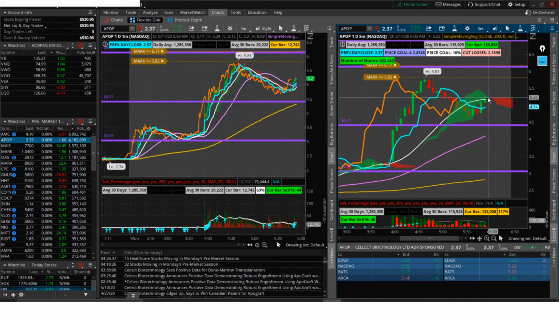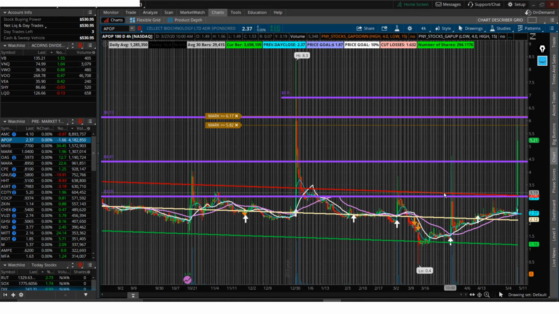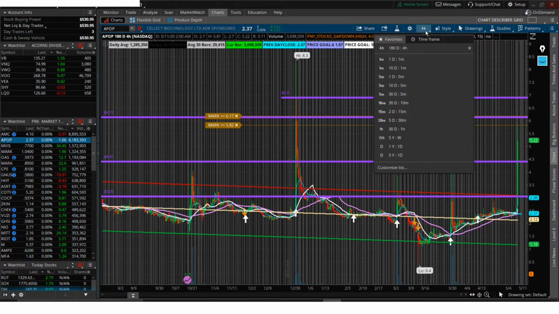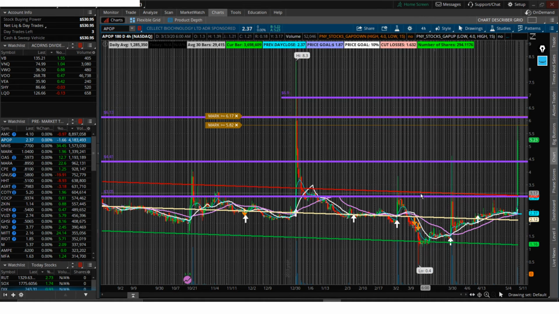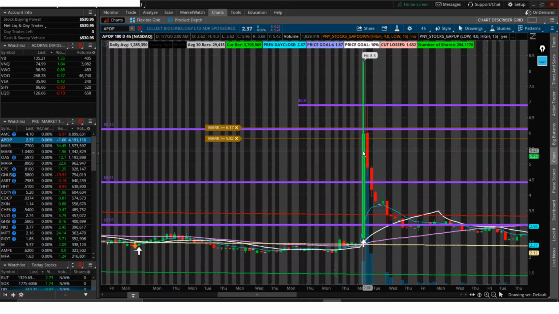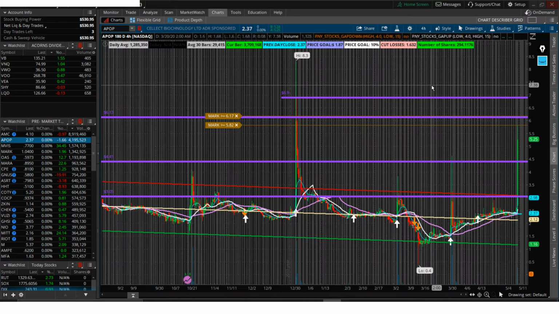But as we can see over here in this channel, this is the 4-hour time frame, the price is already above this red line, which indicates that the price is already oversaturated. So probably the same thing that happened over here on this day. The price could spike up a little bit and then sell off for the rest of the day.